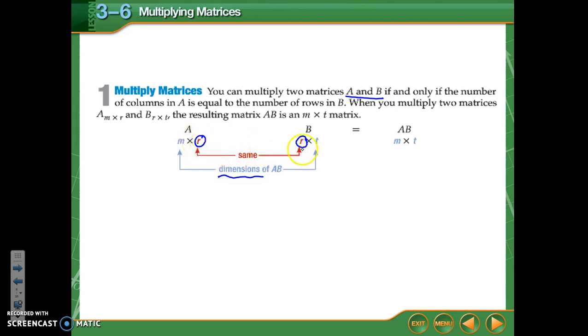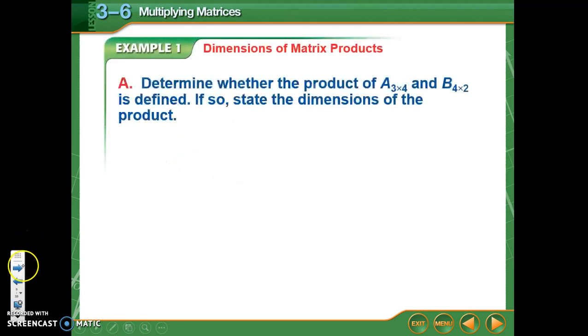The number of columns in A has to match the number of rows in B. When I find A times B, my resulting matrix will have the dimensions of M and T, meaning it will have the number of rows in A and the number of columns in B. So my two middle dimensions have to match, and my answer will have the dimensions of M and T.